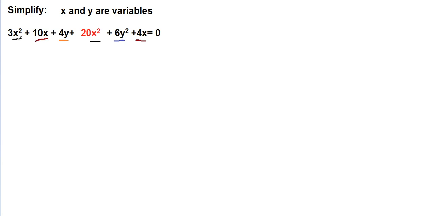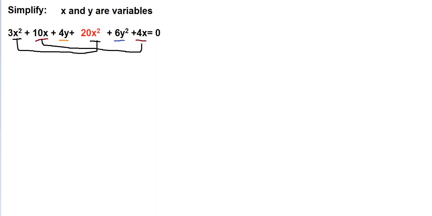So in order to simplify this, you're going to want to combine the terms that have the same base variable to the same power. This allows them to be added together, and by added together, I mean you add the coefficients together. This is similar to saying if you have 3 apples and you add 2 apples, you have 5 apples altogether. Apples would be the base variable with the appropriate exponent.